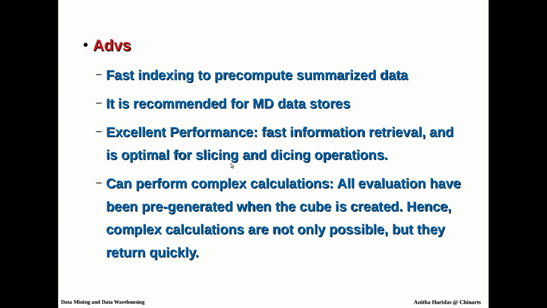So we can perform slicing, dicing, all OLAP operations easily, and it can also perform complex calculations because all the evaluations have been pre-generated. Is it not? Because in the multi-dimensional view, all the summary information is already available in the data cube. You need not do the calculation again. So the calculation is already done, so you get fast information retrieval.